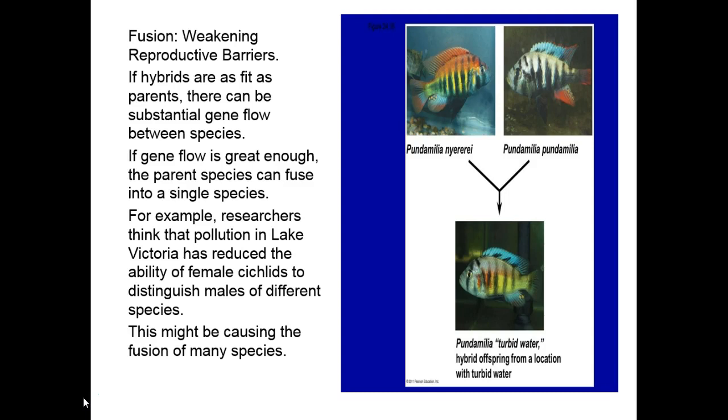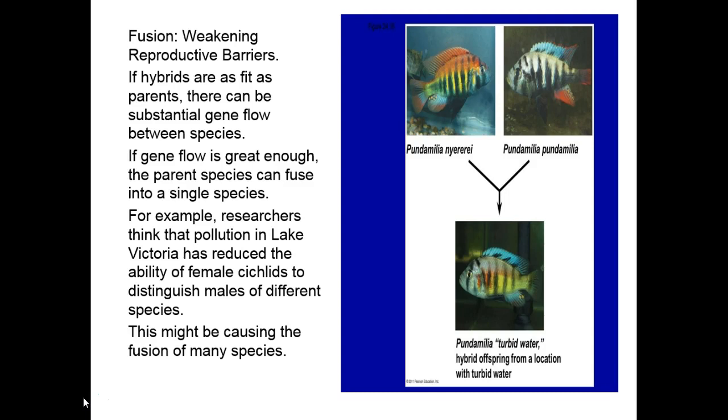So let's look at it a little bit closer. With fusion, the hybrids are not as fit as the parents. There can be substantial gene flow between the species, and if it's great enough, the gene flow can fuse them into a single species.